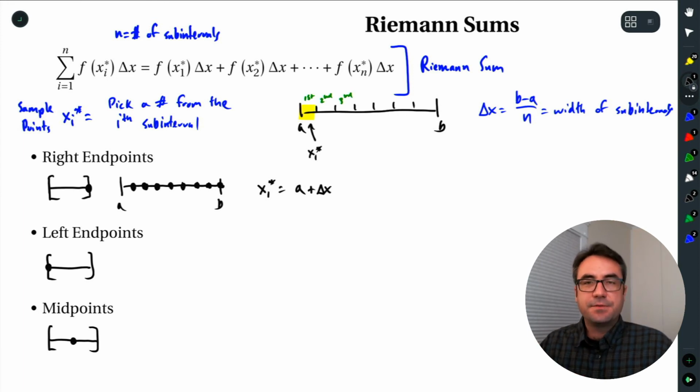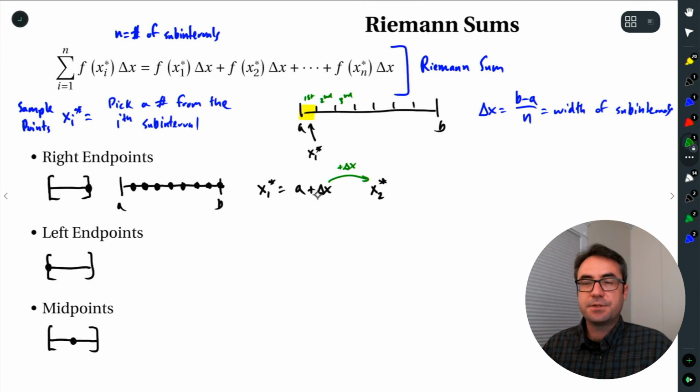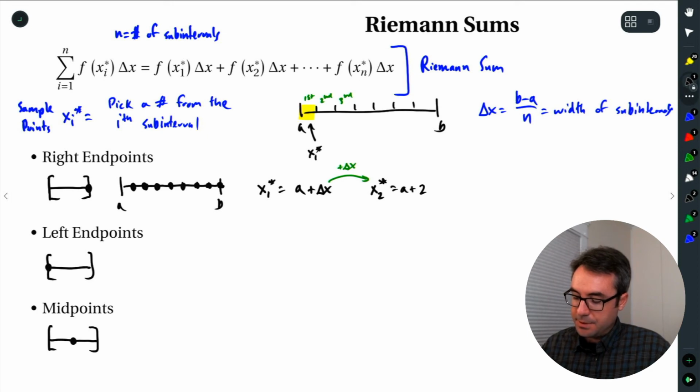Then to get the rest of them, we just add delta x each time. So for x2 star, we take our previous result, A plus delta x, and add another delta x to it. So this would be A plus 2 delta x.